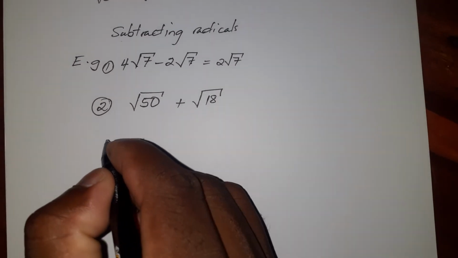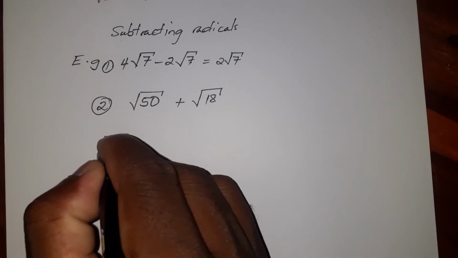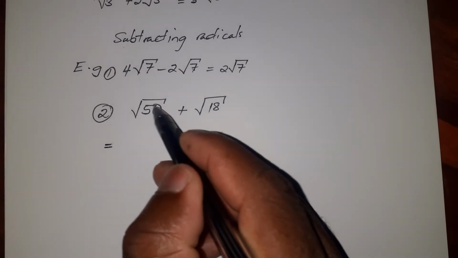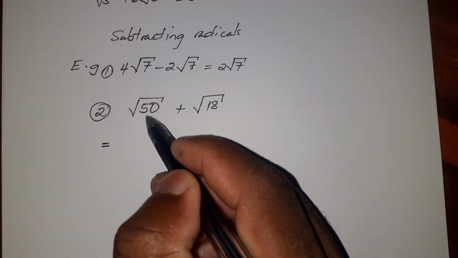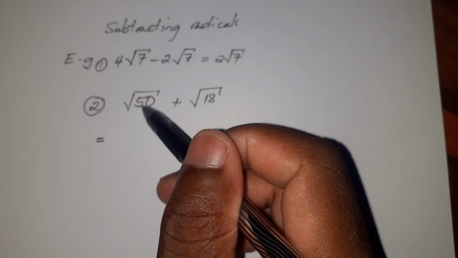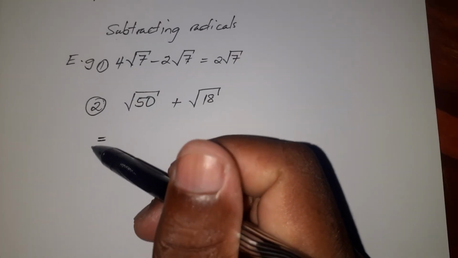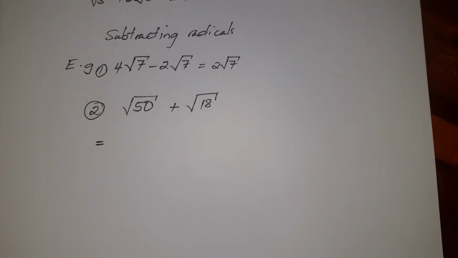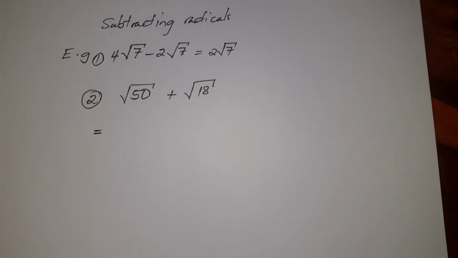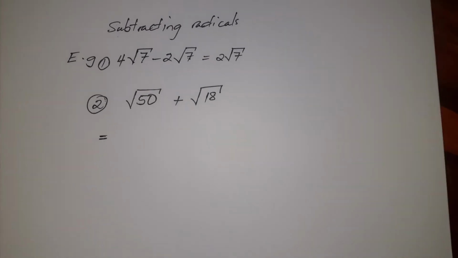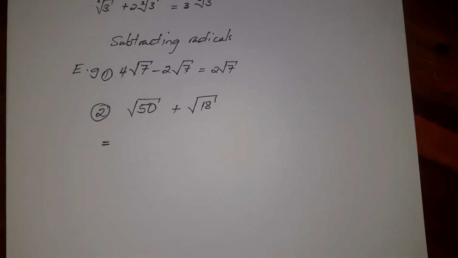So what we can try to do here is get a radical on this side that should be equal, a square root that should have the same number inside the square root on this side, so that we can add them depending on the coefficients in front of them. Then we can either, not really subtract, but add them.